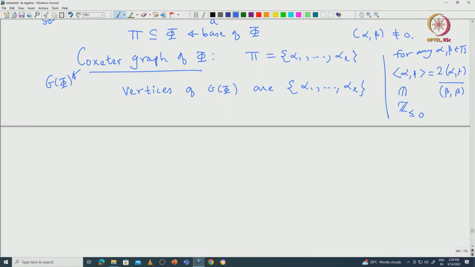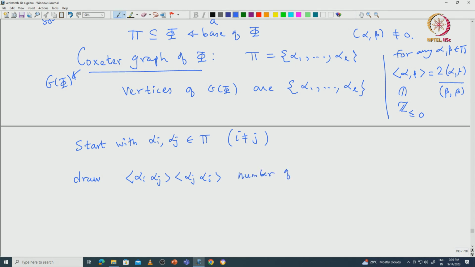In particular, if we fix i and j, start with alpha i and alpha j in pi such that i is not equal to j, then draw exactly the Cartan number of alpha i, alpha j times the Cartan number of alpha j, alpha i as the number of edges between the vertices alpha i and alpha j.